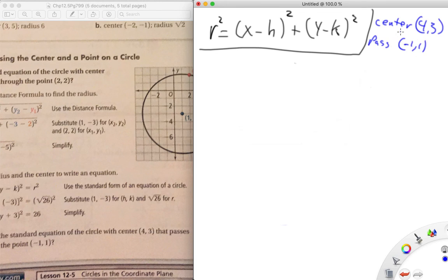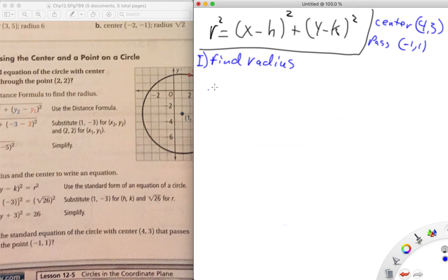All right, so this is a two-step problem. The first step is to find the radius. The way that you do that is you use the distance formula to find r.